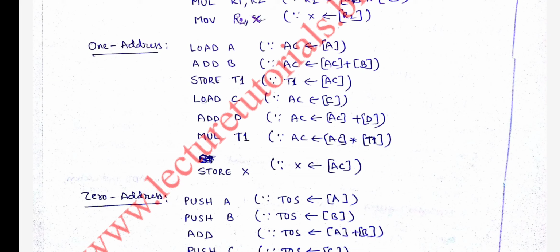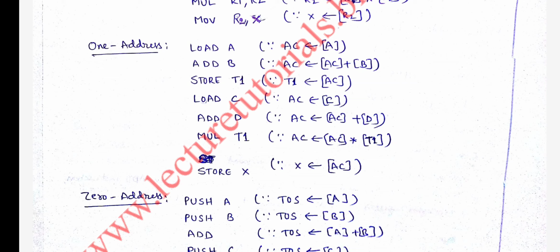So A is loaded into the accumulator, and ADD B. The accumulator already contains the content of A, and we add B to the existing AC, storing the result in the accumulator again. After the ADD B instruction is performed, the accumulator contains A plus B. STORE T1, so the result is stored in T1. So T1 now contains A plus B.